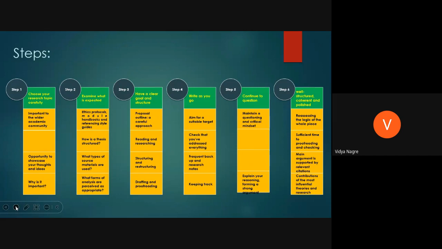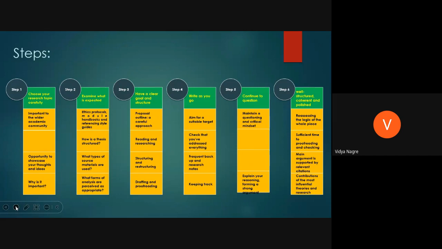Even if you decide to use somebody else's study as a reference in your research, you have to write that under bibliography or references or citation. You have to give credit. When you give credit to somebody, it does not mean that you have copied it. In this way, you can get rid of plagiarism.